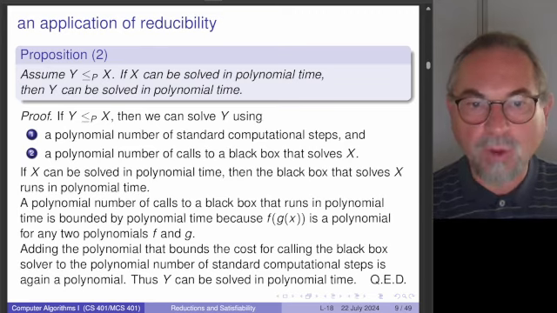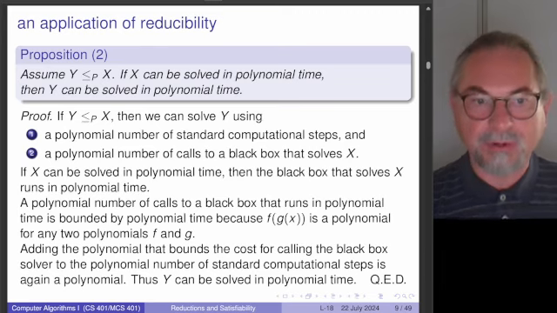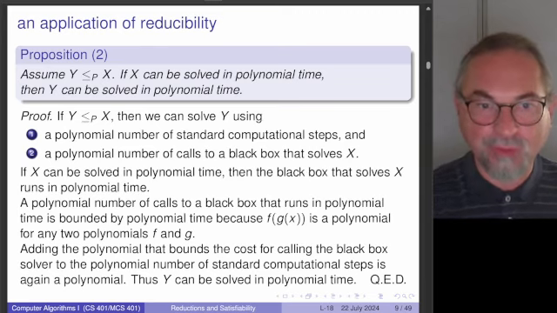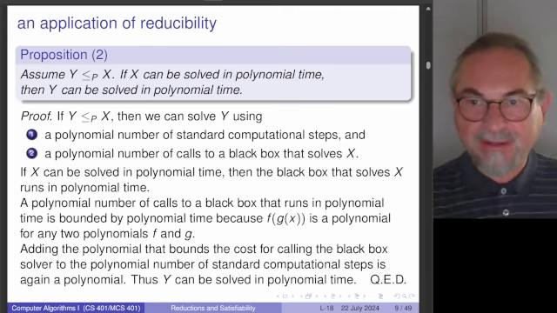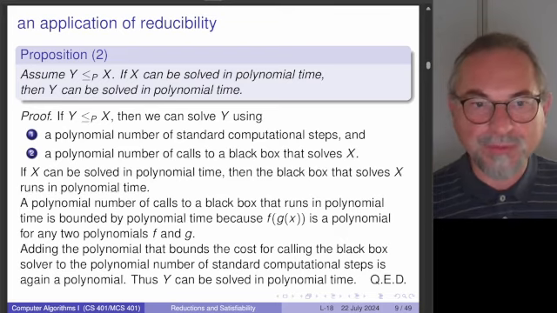Then how can you solve the problem in polynomial time? Well, you call the black box solver a number of times. If that runs in polynomial time, you have a polynomial in the running time of your black box solver. The composition of two polynomials is again a polynomial.